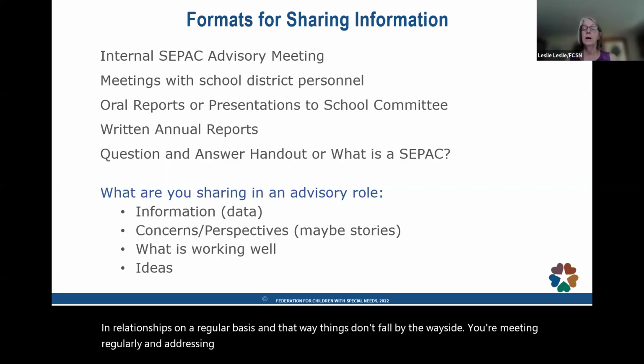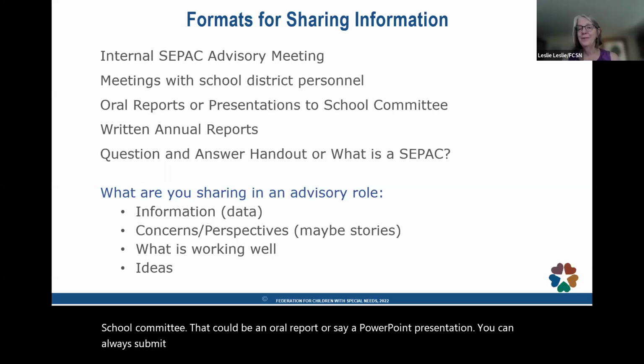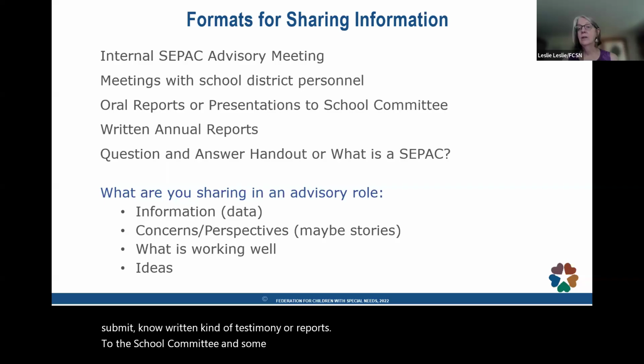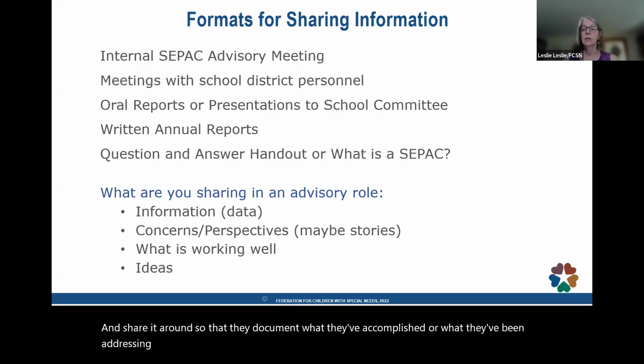You can make somewhat of a formal presentation to the school committee. That could be an oral report or say a PowerPoint presentation. You can always submit written testimony or reports to the school committee, and some CPACs actually write an annual report and share it around so that they document what they've accomplished or what they've been addressing during any given school year.